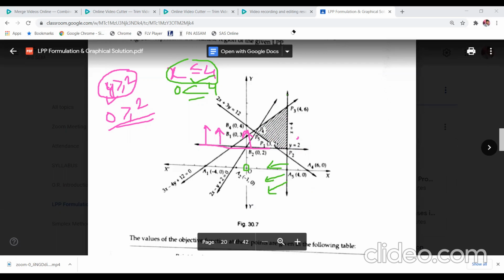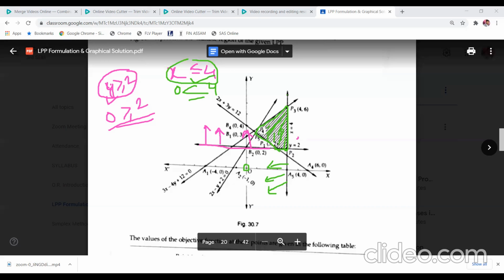Now see, if you check these parts, this part is the common region. This region is in the solution region of each and every inequation.